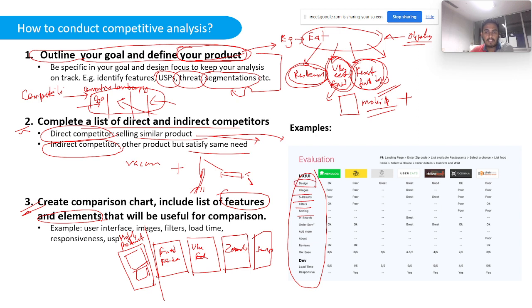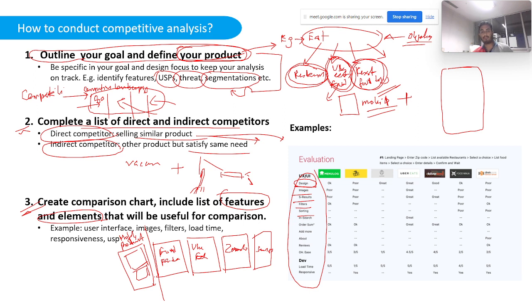So, design, that means how beautiful or how simple is the look and feel of the particular interface that the mobile application provides. This is one of the aspects which will drive people because it is easy to navigate.